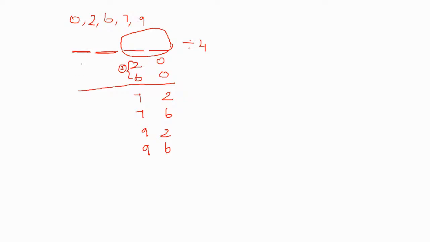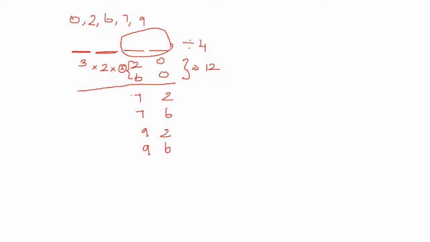For the thousands place, how many possible values are there? I am left with three possible values in the thousands place, and two possible values in the hundreds place. So it is 3 into 2 into 2, which gives 12 such values.